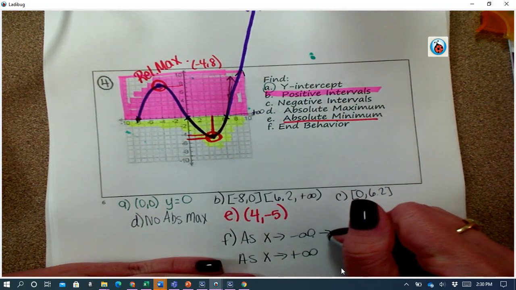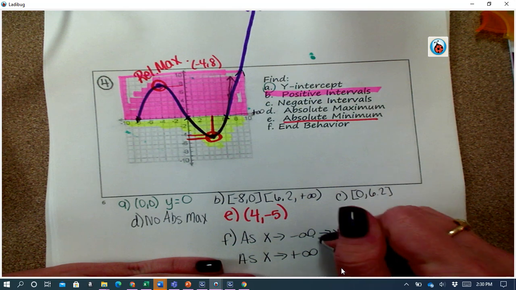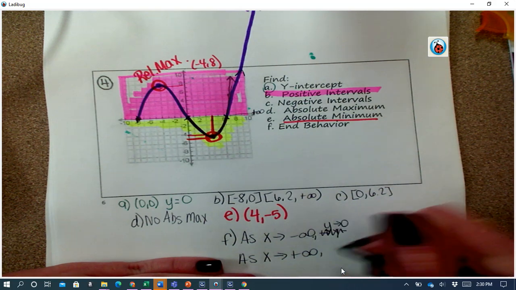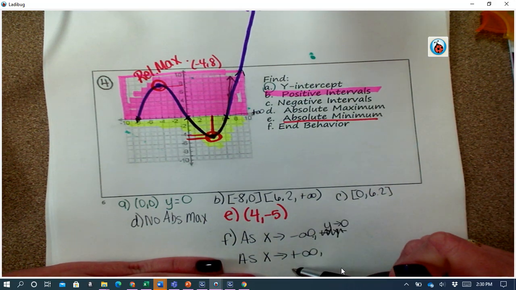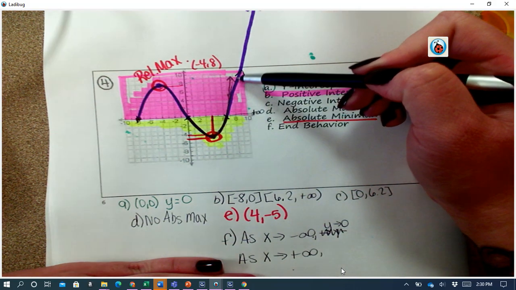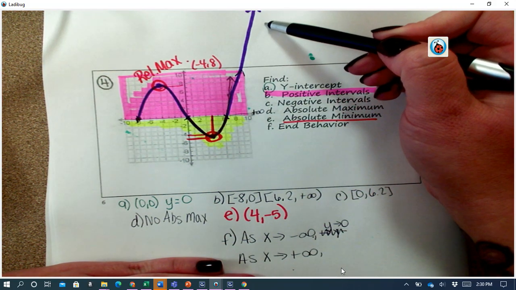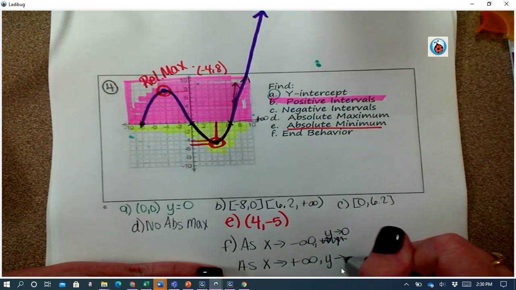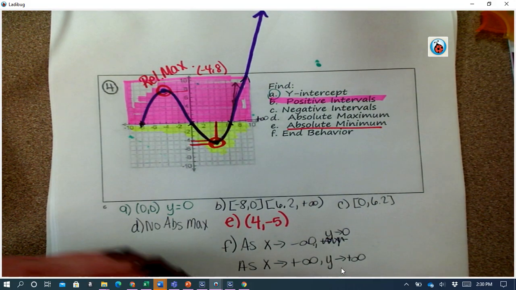And that means that y goes to 0. As x goes to positive infinity, we're going to follow it to the right. It keeps going forever right. It also keeps going forever up. So y goes to positive infinity.